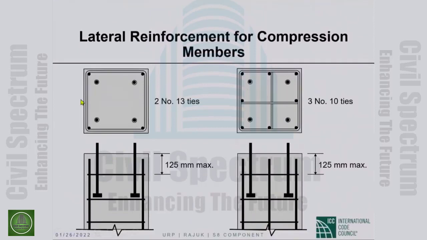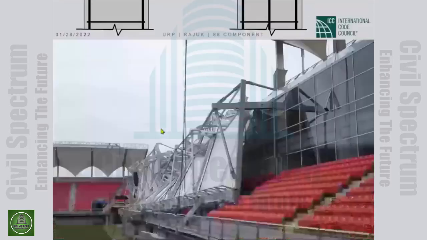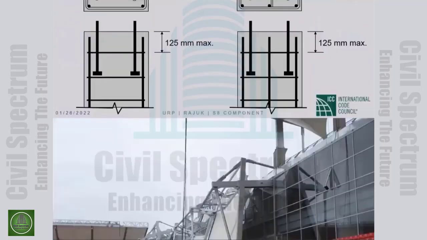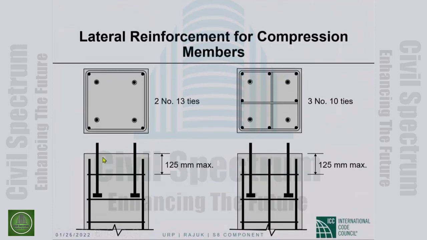Okay, so those are the anchor bolts here. So you have to have ties, as we said, 3 number 10 or 2 number 13 ties within this 125 millimeter distance that go around the vertical bars.